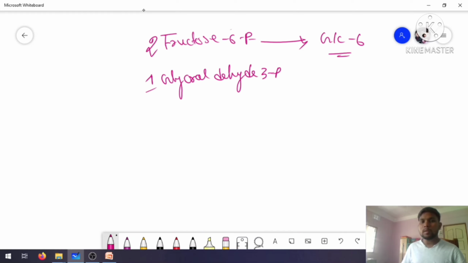From fructose 6-phosphate to glucose 6-phosphate, this is the reversible reaction of glycolysis. They will give rise to glucose 6-phosphate. Okay. So this is the non-oxidative phase.